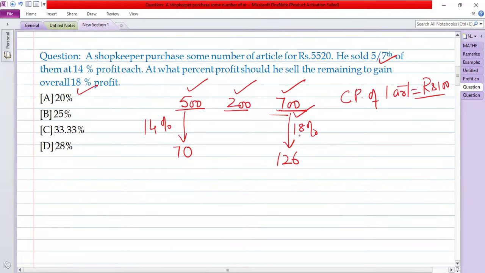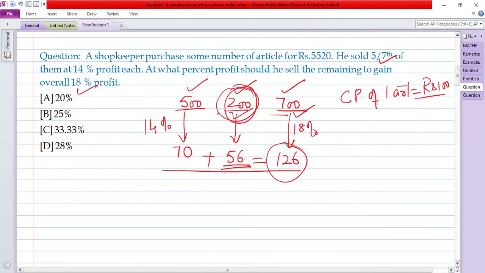And obviously here, the remaining 2/7 of the articles must be sold at this much profit, because 70 plus 56 will give us total 126. Means the remaining 2/7 of the articles must be sold at this much profit so that we get this overall profit.